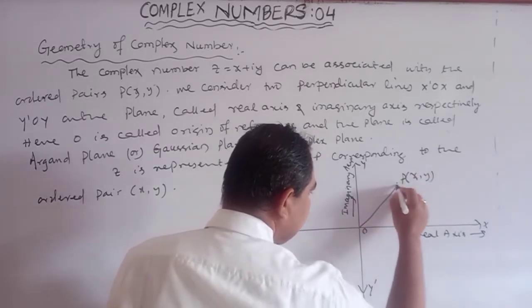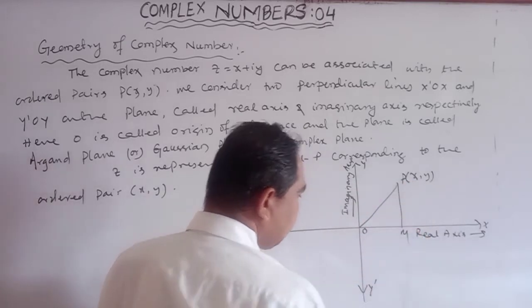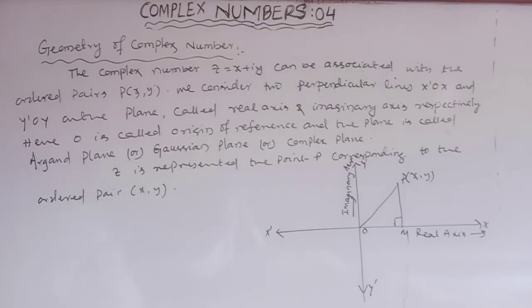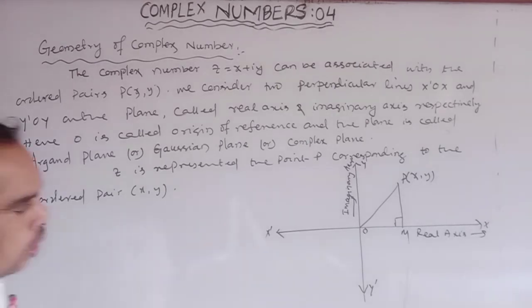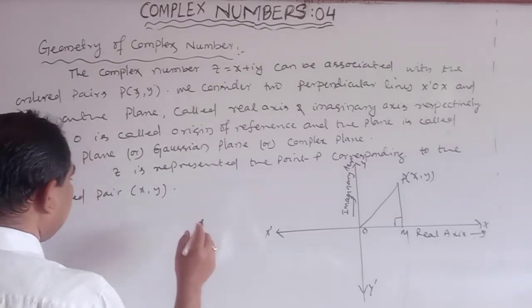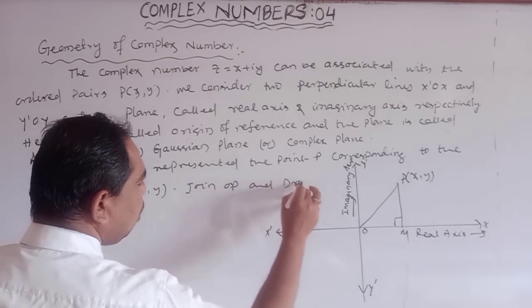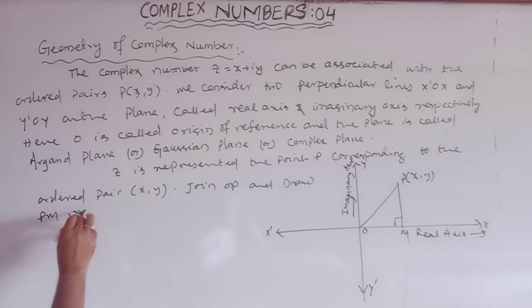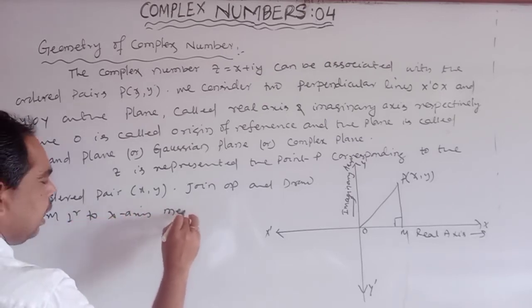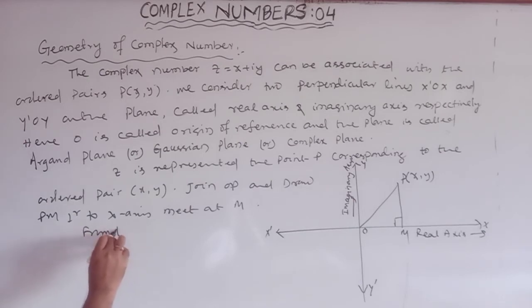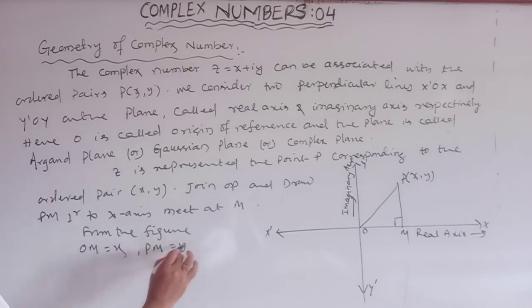So join OP and draw PM perpendicular to x axis, meeting at M. Therefore from the figure OM is equal to x, PM is equal to y.